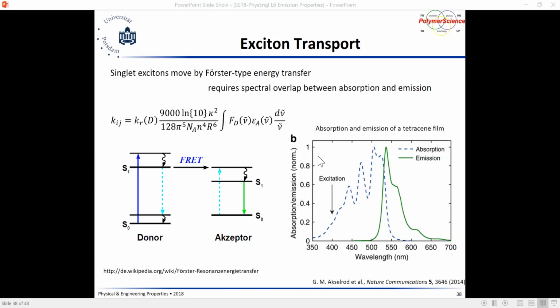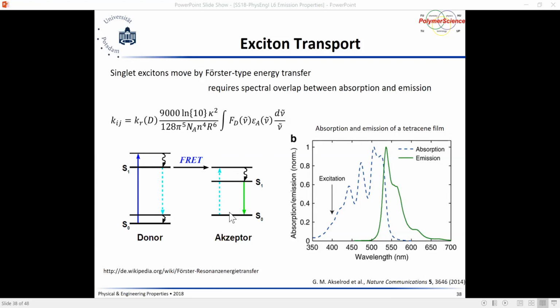The idea is that we excite one chromophore, one donor, one atom, one monomer unit. The excitation of this molecule is passed on to the second system, whatever it wants to be, whether it's an acceptor, whether it's another monomer, and so on.